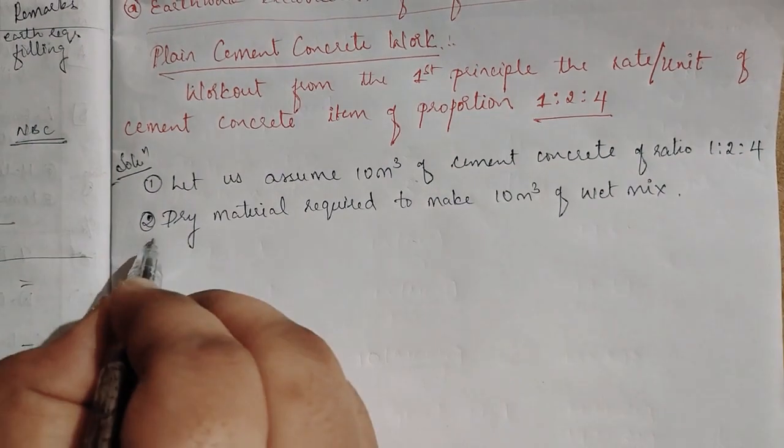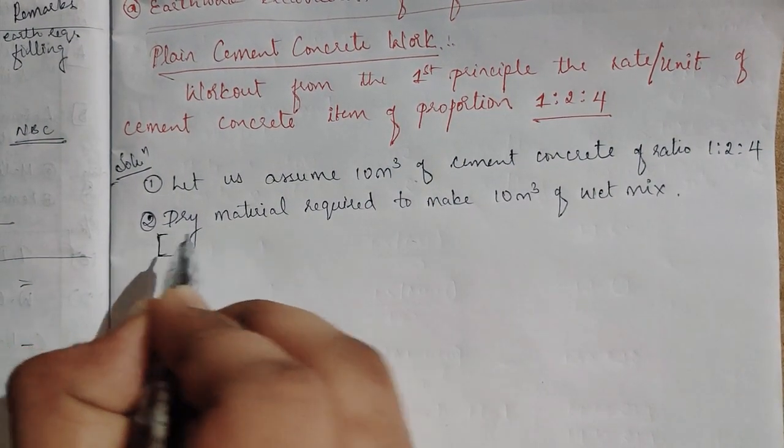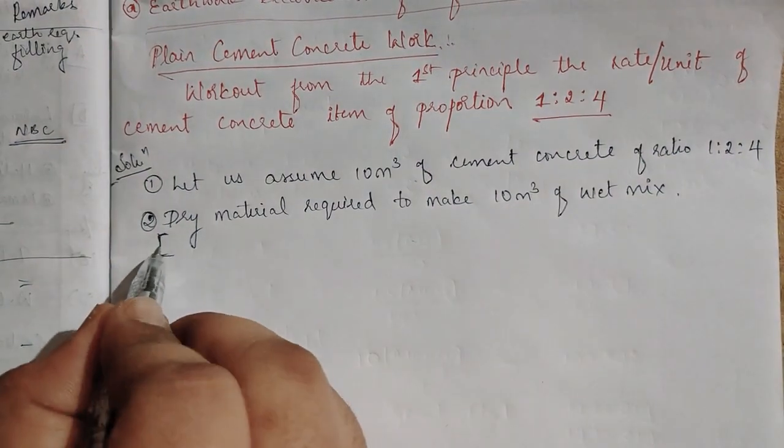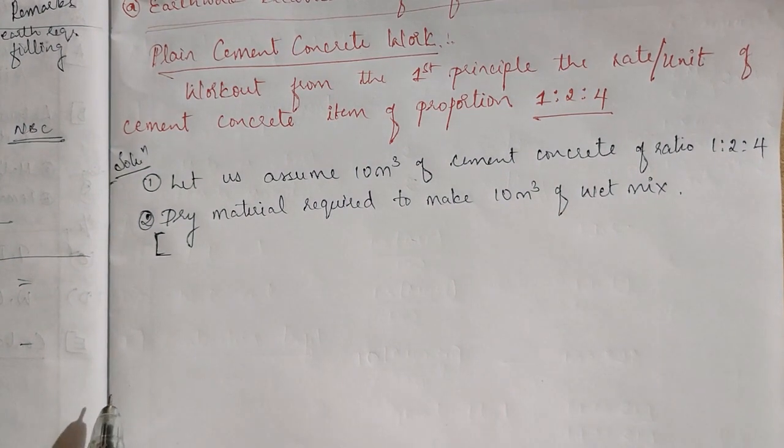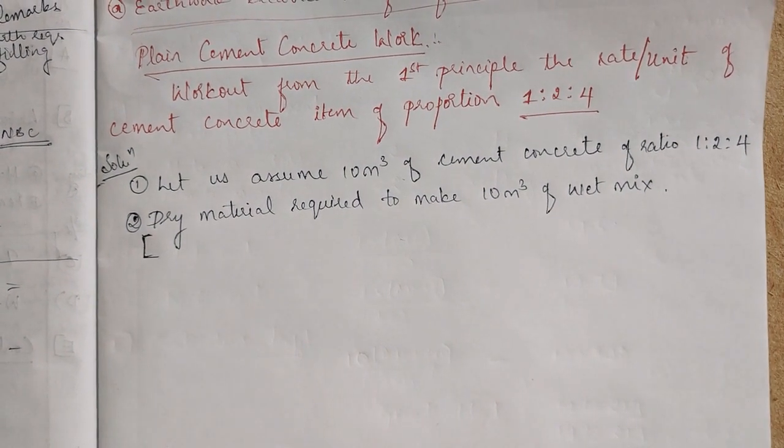So here we have one note, which I'm taking in this bracket, and it need not be written in the exam, but to understand it is a must how we take.